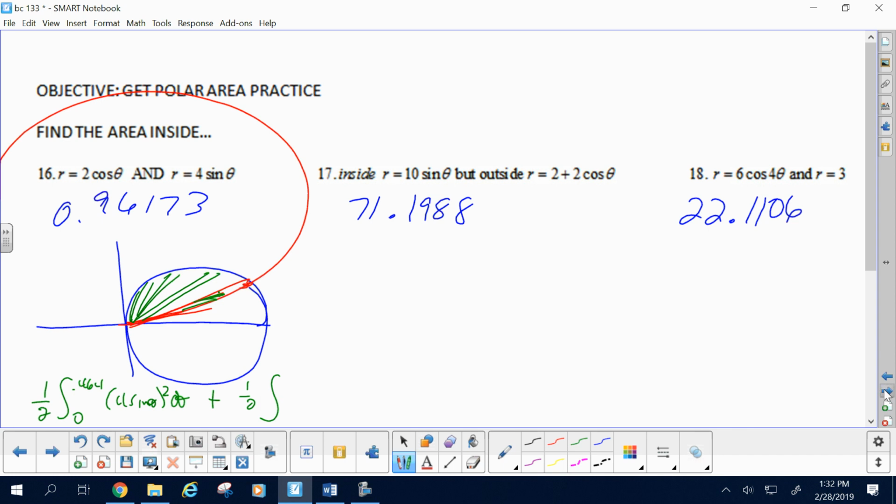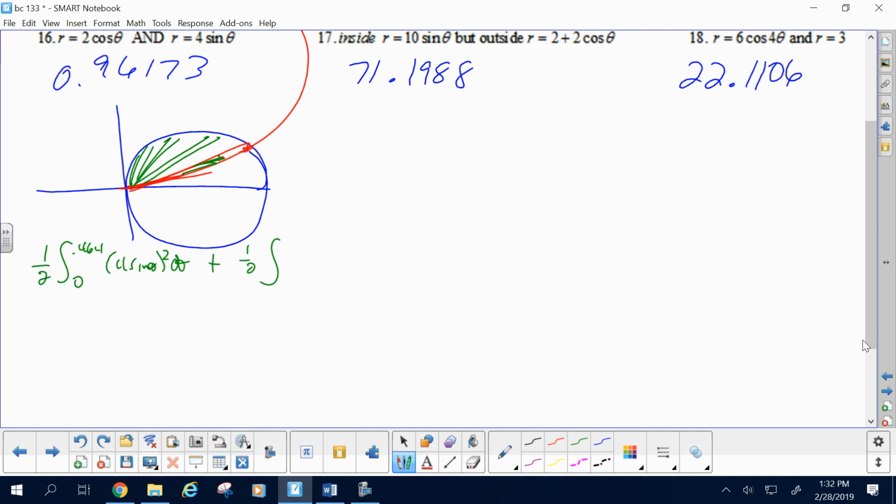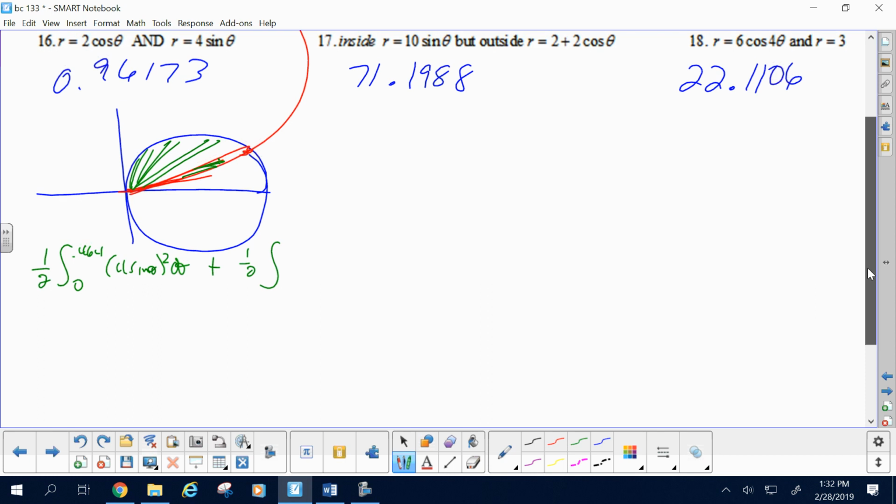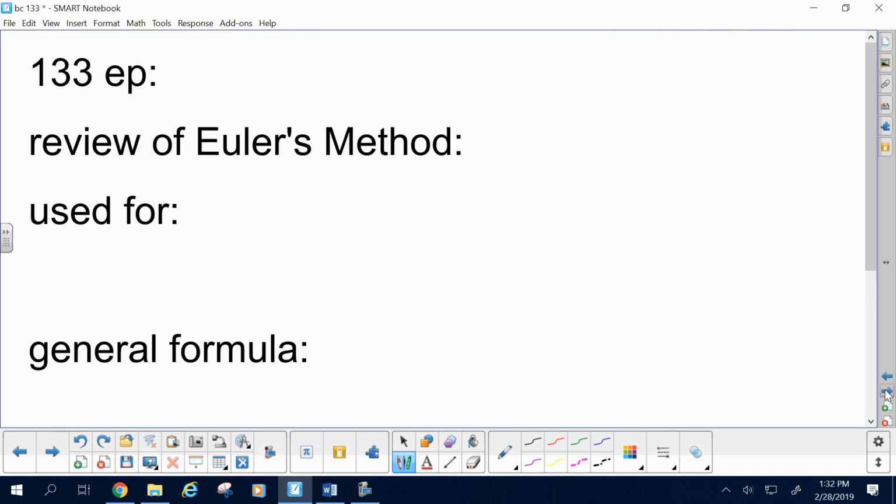Negative area is bad. No, it wasn't. Oh, I thought you said you got negative area. What did you get? So did you get 0.464 for an intersection? Yeah, okay. I figured it out. Okay, cool. Some people did sine and cosine over the wrong intervals. Let me know if you want to talk about any of those.